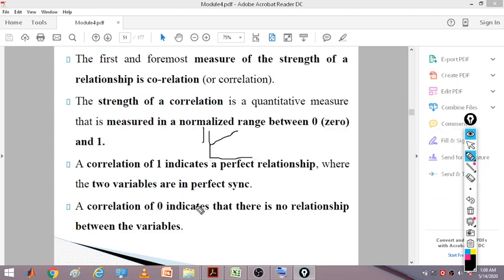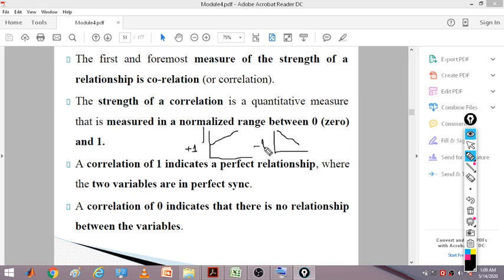A correlation of 0 indicates that there is no relationship between the variables. This is for plus 1: you may have a linear relationship like this, if I plot x in the horizontal direction and y in the vertical direction. For minus 1, they may be related in the opposite, negative direction. So this may be for minus 1.